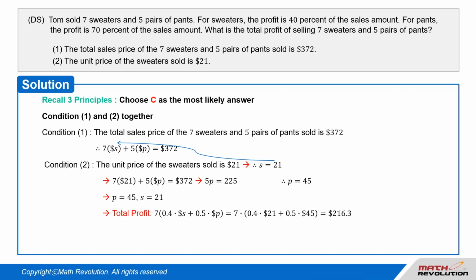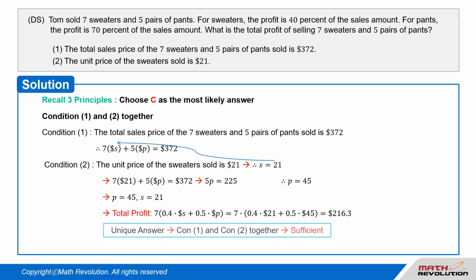Profit equals 7 times the whole of 4 times $21 plus 5 times $45 equals $216.3. Since it is a unique answer, conditions 1 and 2 combined are sufficient.